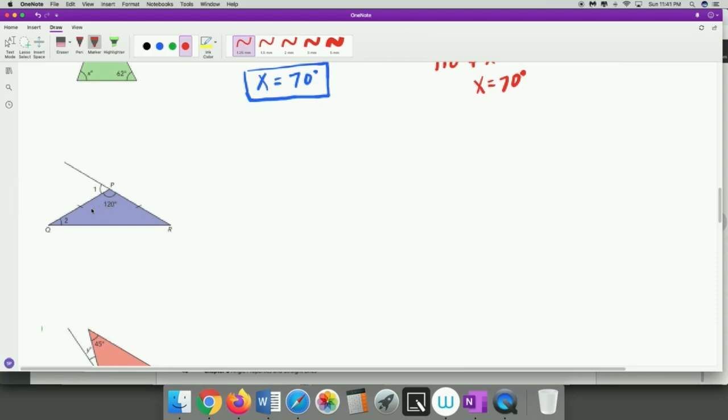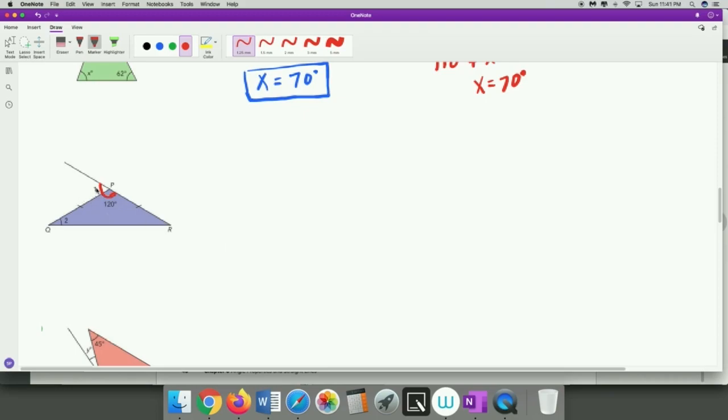So here we go. We're looking for angle 1 and angle 2. A couple different ways. We can start with 1 if we want. Hopefully we can recognize that these two angles together, this 120 degree angle plus angle 1, have to equal 180.